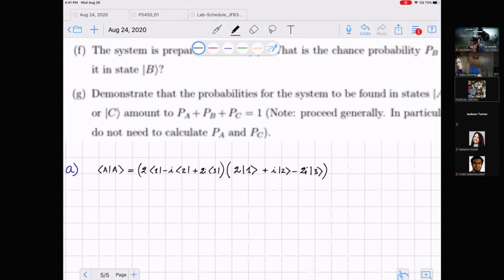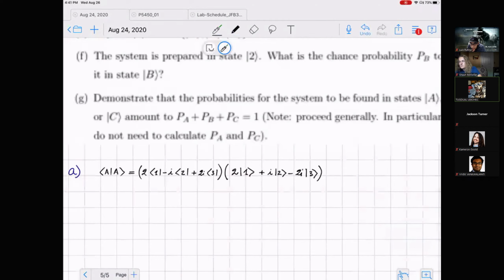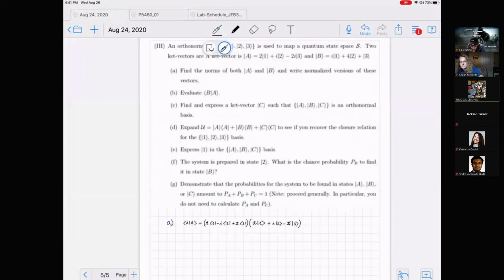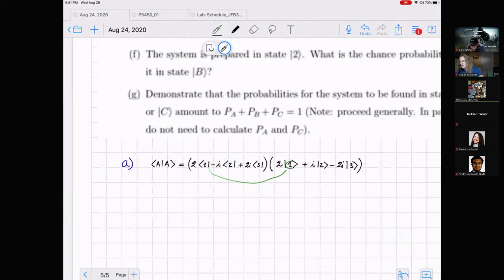So multiplying the coefficients by the complex conjugates of the coefficients. Okay. Then we are told in the question that this basis 1, 2, 3 is orthonormal. So that means that 1 times 1 is going to equal what? 1. While 1 times 2 is going to be equal to 0.